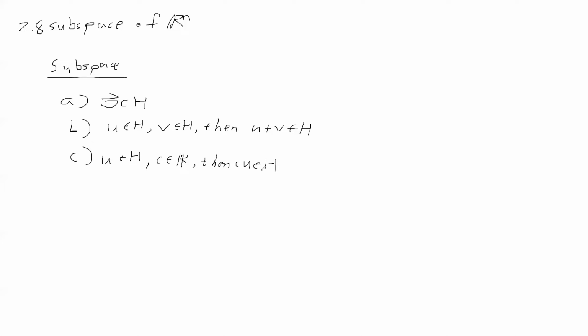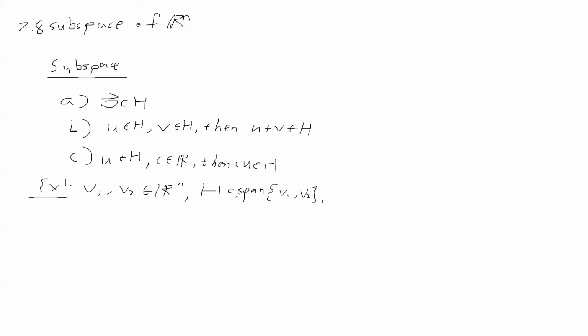Okay, let's look at the first example. Example 1. Right, we have V1, V2 in Rn, and we want our H to be the span of V1 and V2. Right, remember the span?